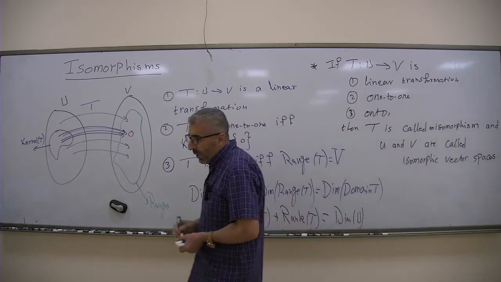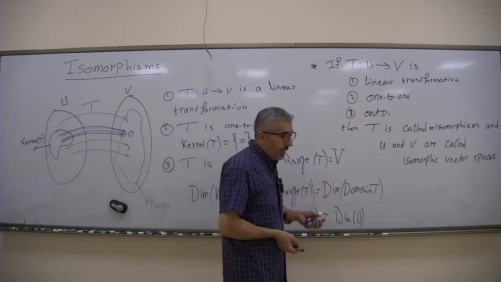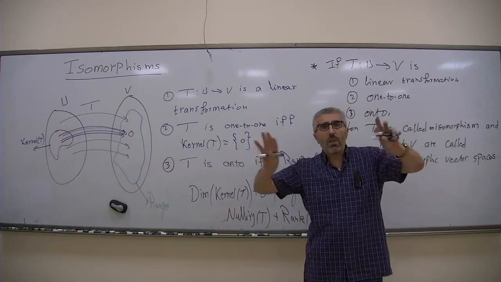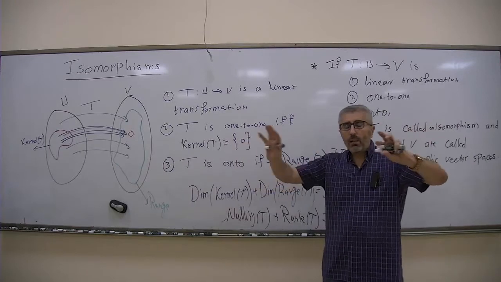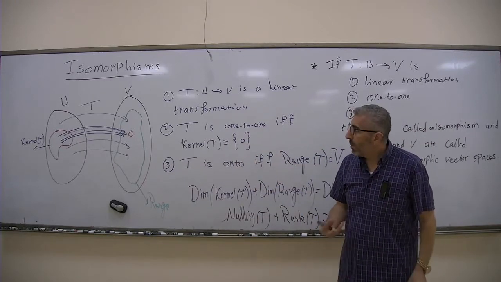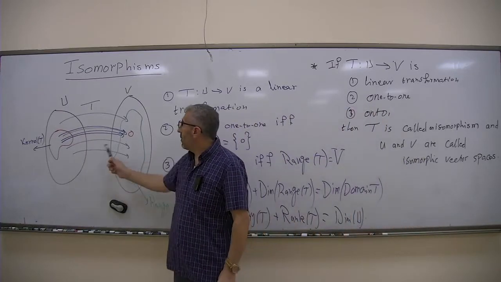What is interesting about two isomorphic vector spaces is that, basically, they are like a photocopy of each other. From an algebraic point of view, they are comparable. What you do here is comparable to what you do here.